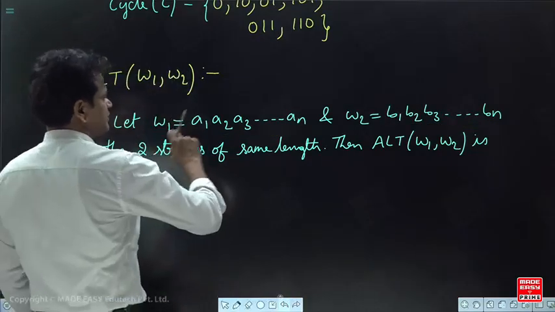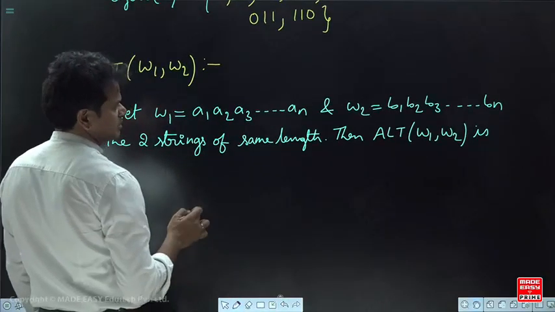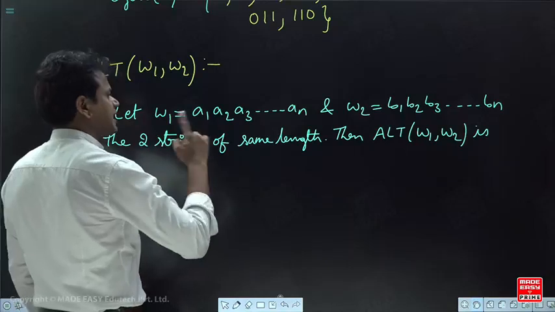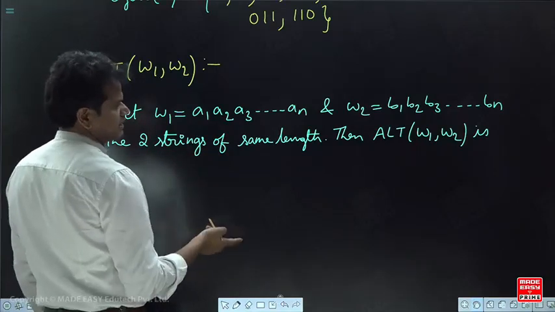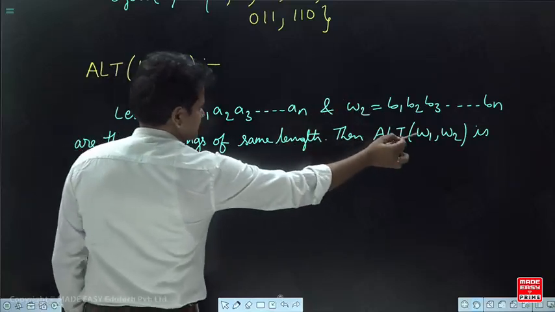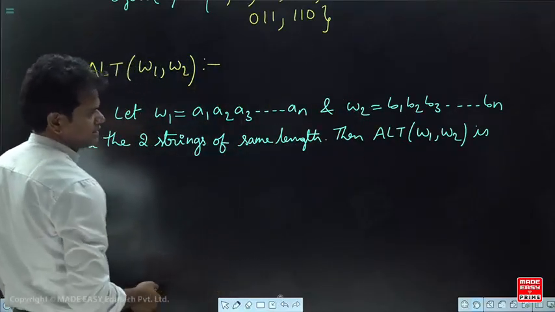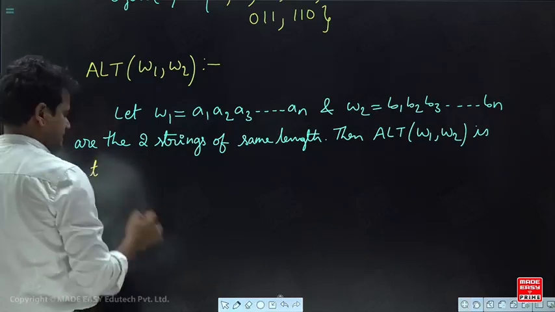So this W1, W2 are two strings of same length. Then alter of W1 comma W2 is taking alternative symbols of W1 and W2, starting with first symbol of W1.